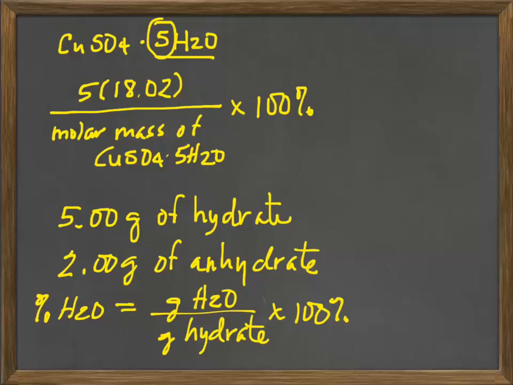Yeah, we'll subtract the 2 grams from the 5 grams. And sometimes it's helpful to look at all the data and say, what's the difference between this one and this one? What's different about it? The water went away. The masses are different. If the difference is the water went away, then maybe the difference in mass is the mass of the water that went away.